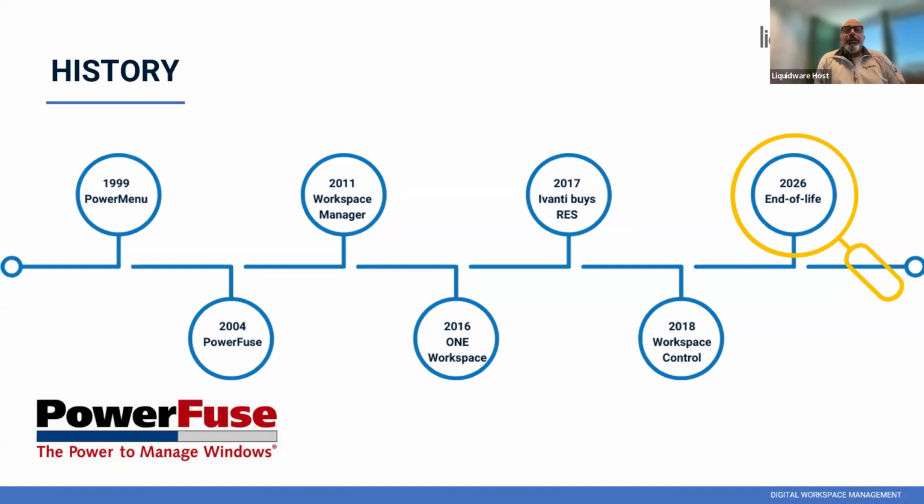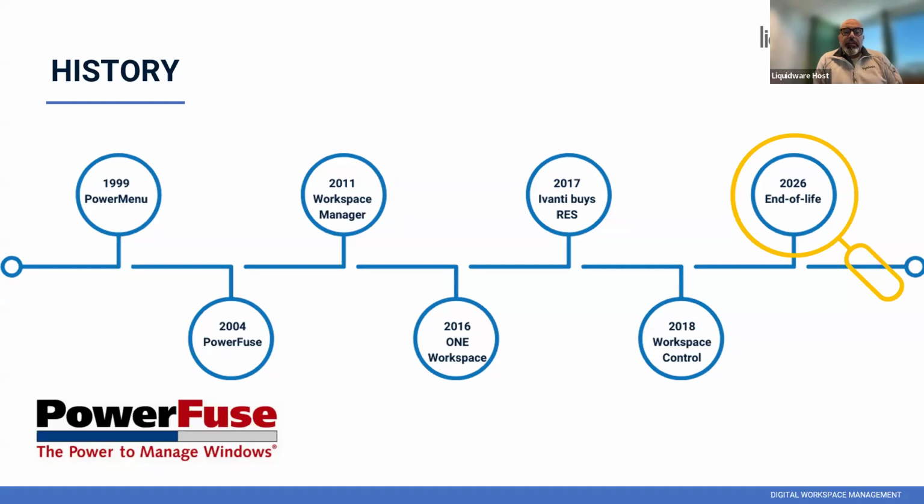On the 4th of July 2017, Ivanti acquired RES Workspace Manager. RES, being a Dutch organization, was now acquired by a US organization called Ivanti. After the acquisition, the name changed and it became Ivanti Workspace Control.